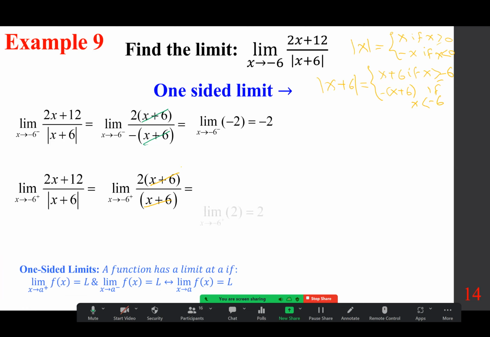And the limit of 2 as x approaches any number is 2. Are they the same? No. Therefore, the limit of 2x plus 12 over the absolute value of x plus 6 as x approaches -6 does not exist.